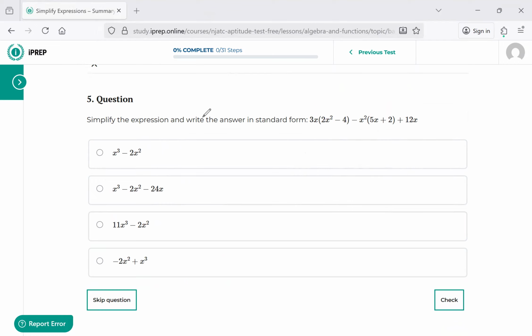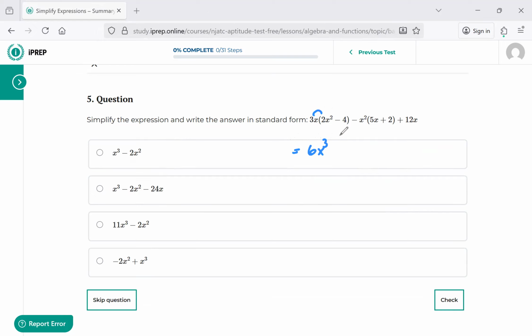Okay, this one, question 5. Let's distribute first and then bring down the 12x. What's 3x times 2x? Let's do this quick, pretend this is the real thing. 3x times 2x is 6x cubed, right? 3 times 2 is 6.